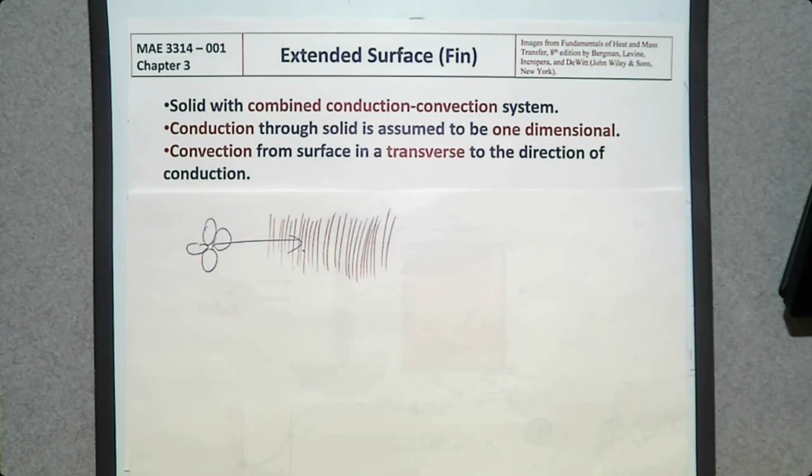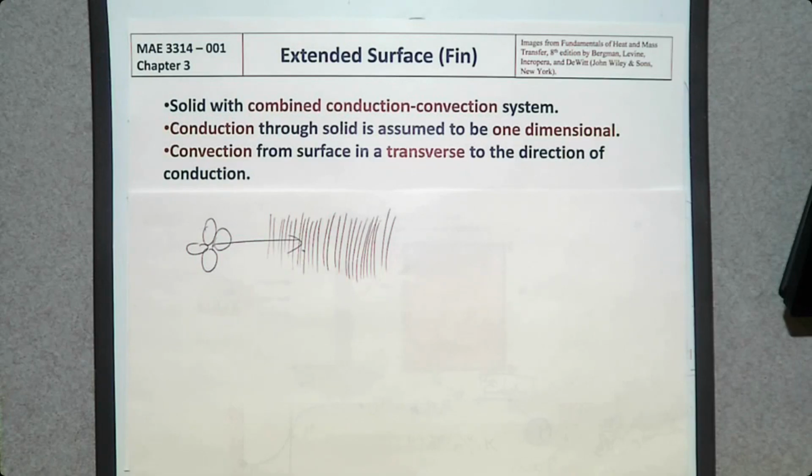Then what is the heat transfer in this problem? Is it radiation? No. Is it conduction? No. The air is blowing this way. So the heat transfer phenomenon here is going to be convection between a surface and the surrounding fluid. So it's a convection heat transfer.